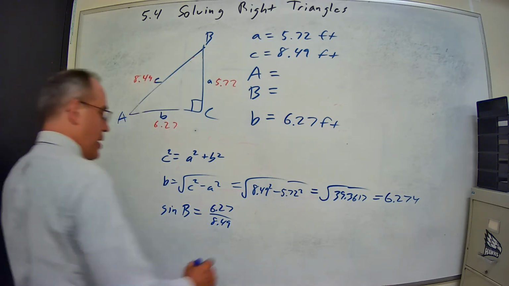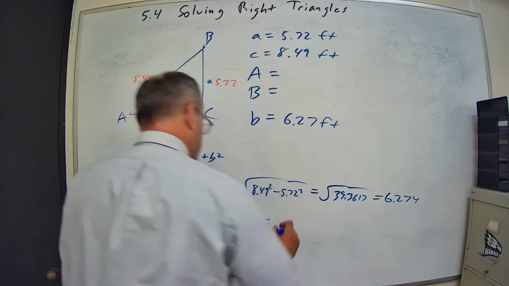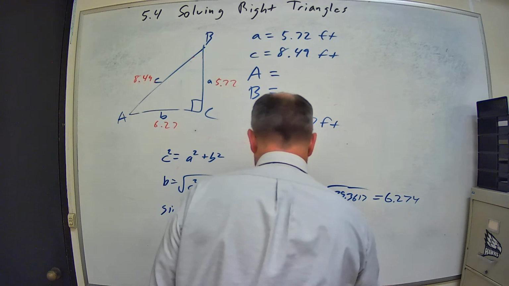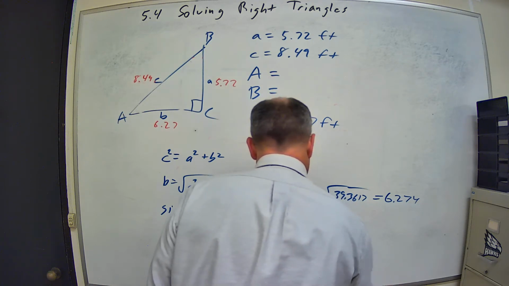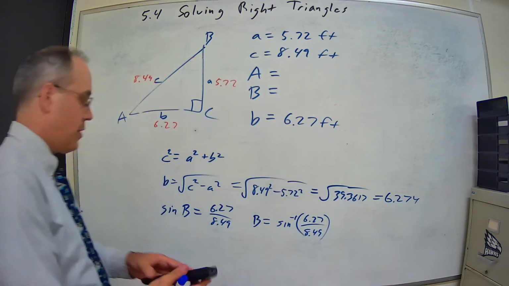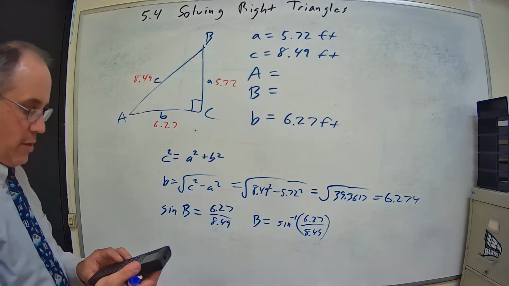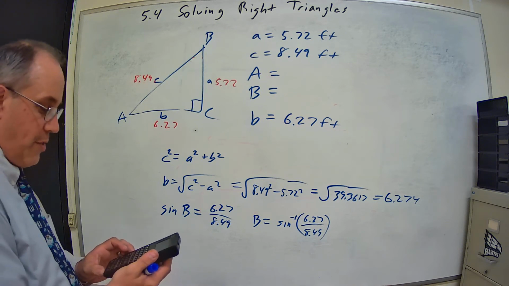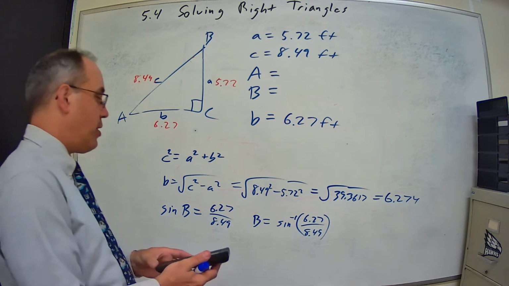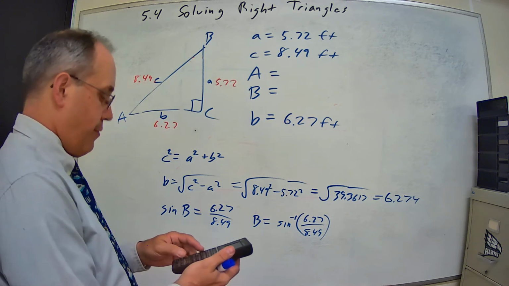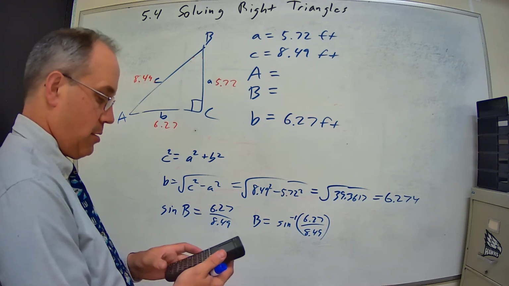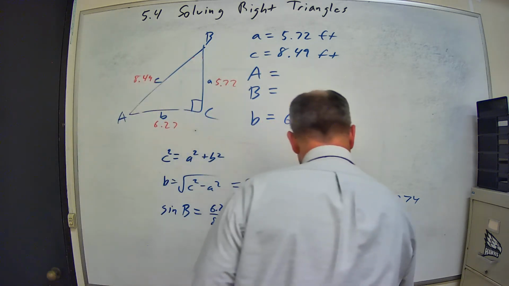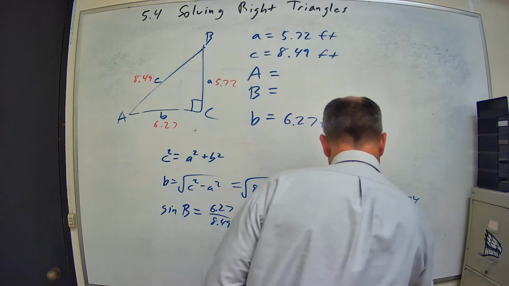So B is equal to the inverse sine of 6.27 over 8.49. 6.27 divided by 8.49 gives me 0.7385159, etc. If I take the inverse sine of that, I get 47.605 degrees.